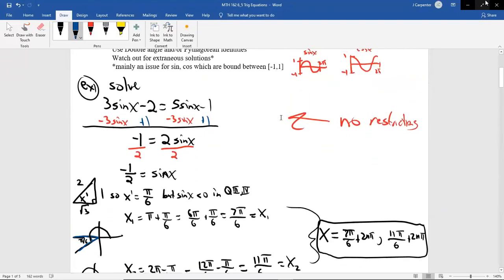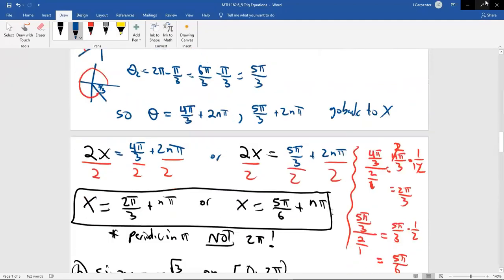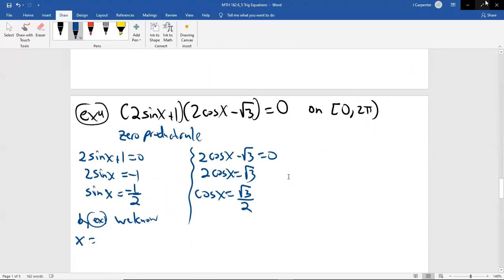Now, this example was not restricted, so it had the plus 2n pi's. This one is restricted, so we don't need to add the 2n pi's. There's no extra little 2 or 3 inside, so we don't have to go through the cases. So it's just 7 pi over 6 and 11 pi over 6.